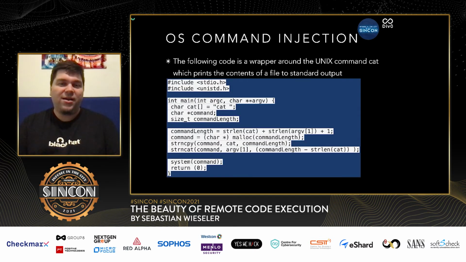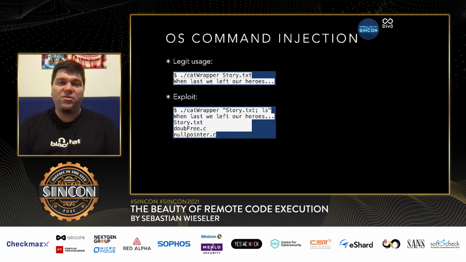And when you look at this example, we see that we have a command being defined as cat, and then we concatenate it together with arguments which are user supplied, right? And then the system command is executing the cat command concatenated with user supplied input. So what we see here is that a legitimate usage is to use this wrapper and run it together with a file name, expecting that cat would read the file name, right?